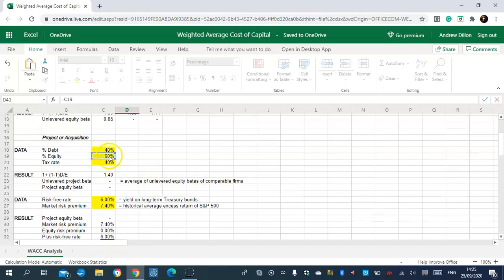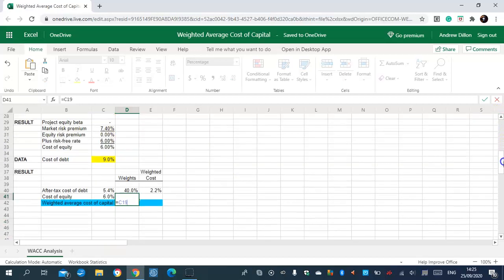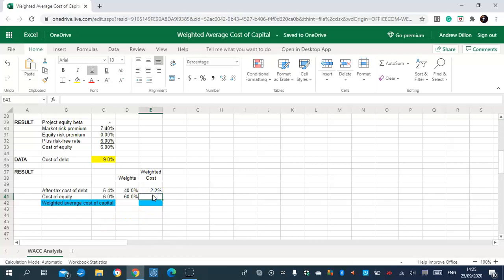That is equity by 60%. The weighted cost. Again, first one 6.0% multiplied by the 60% weights.